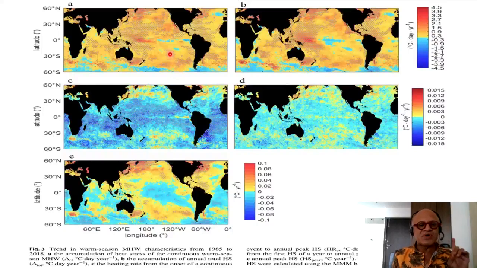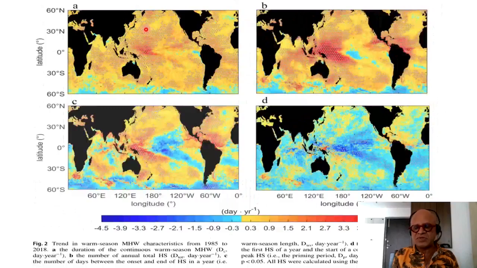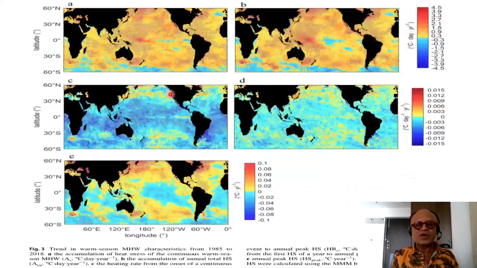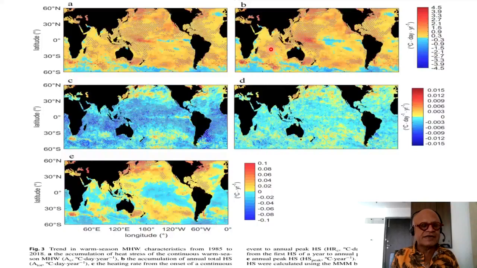day per year, and here you can see again mostly all positive but more patchy than this figure, for example, which is the trend in DC. Okay, so B is the accumulation of annual total HS, so it's a total degree C day per year.